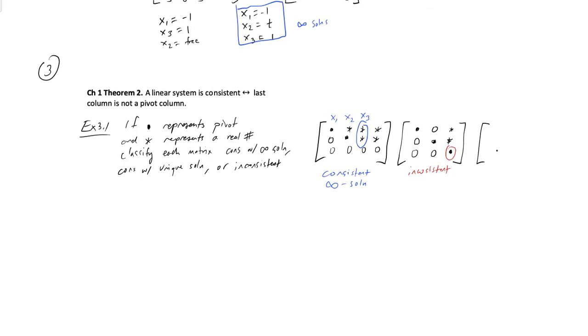One last example. This is, oops, didn't mean that to be a star. This is going to be a 0 here.